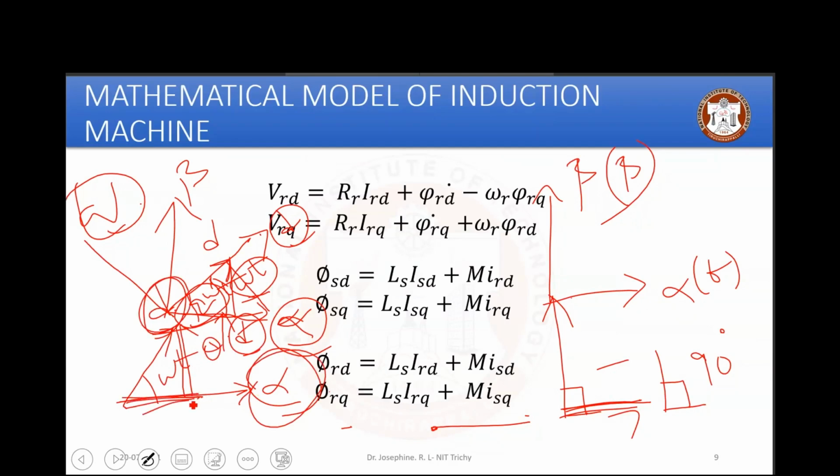Let us assume this is x, and this is root over x square plus y square, or you can take this as c. If you know theta and your y, then x will become c times cos theta.